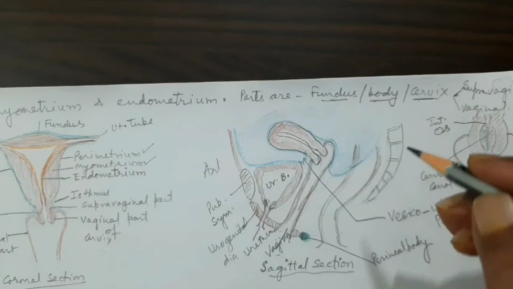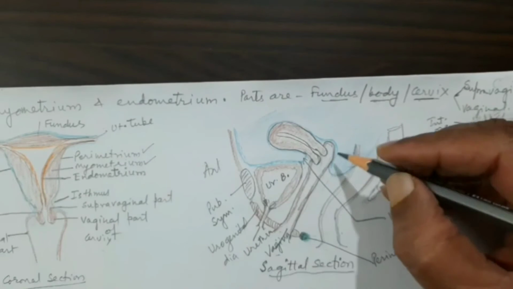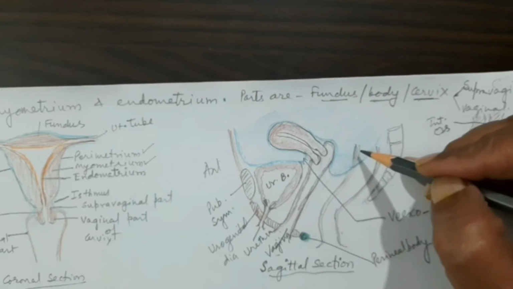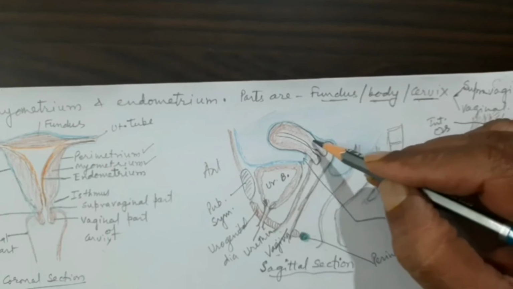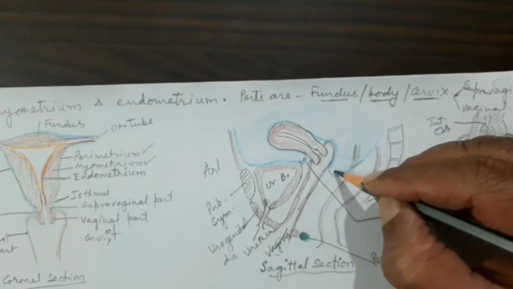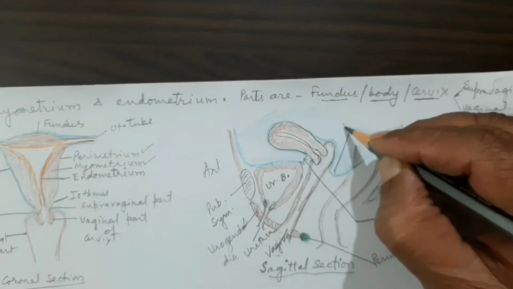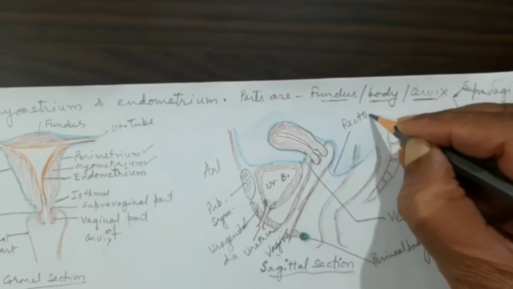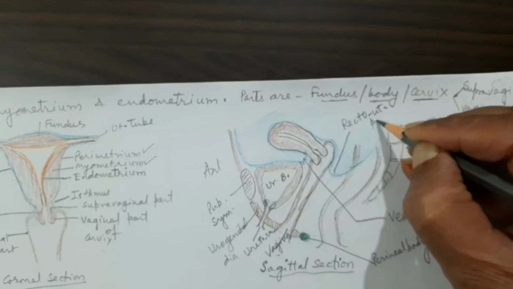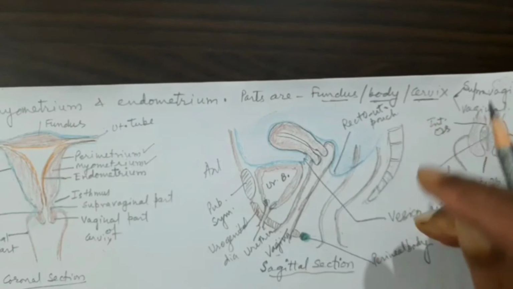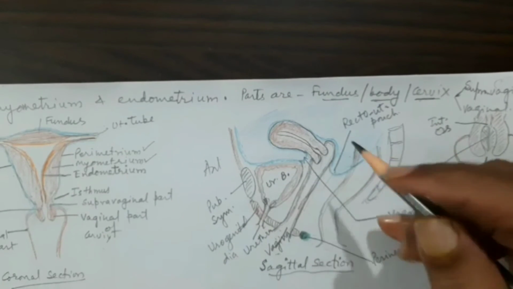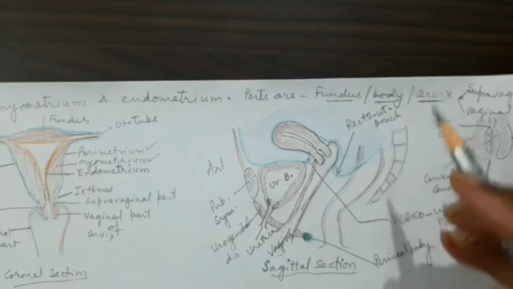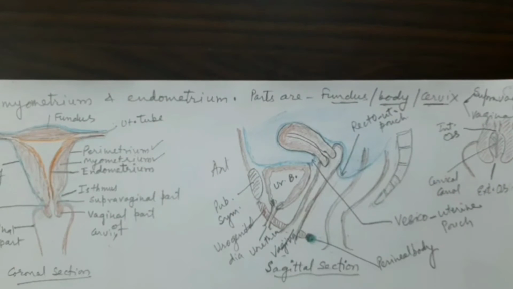It is called the recto-uterine pouch, because it is between the rectum and uterus. This is also called the pouch of Douglas, the peritoneal pouch between the rectum and the uterus.